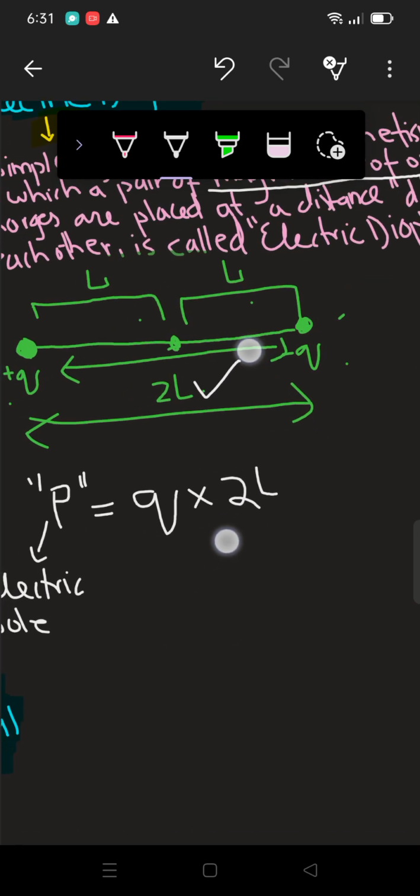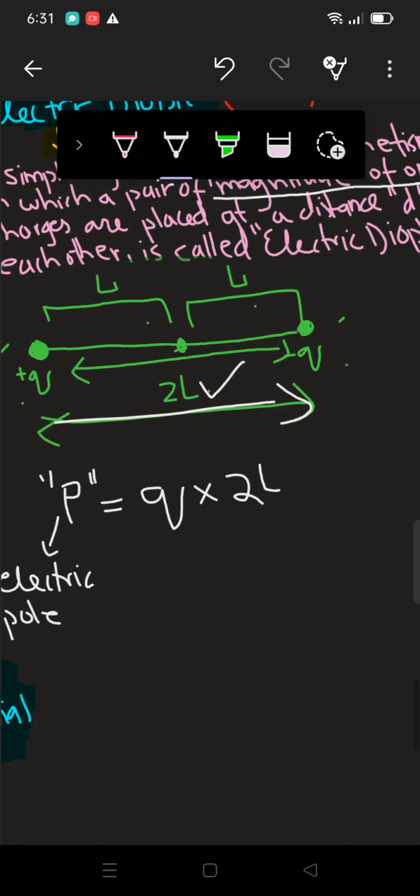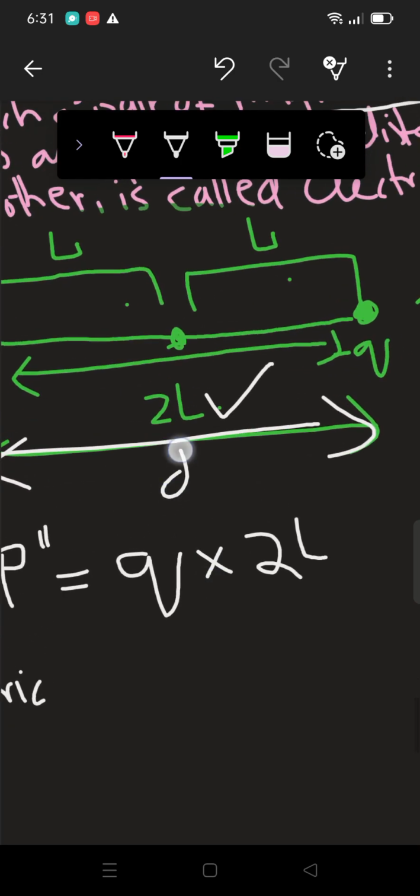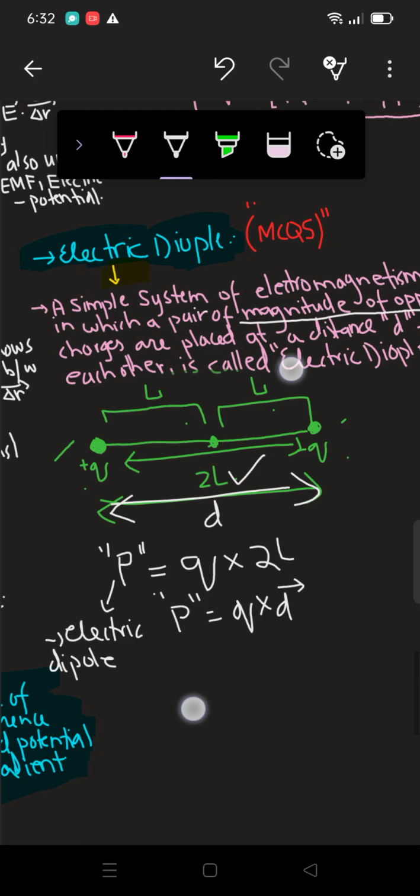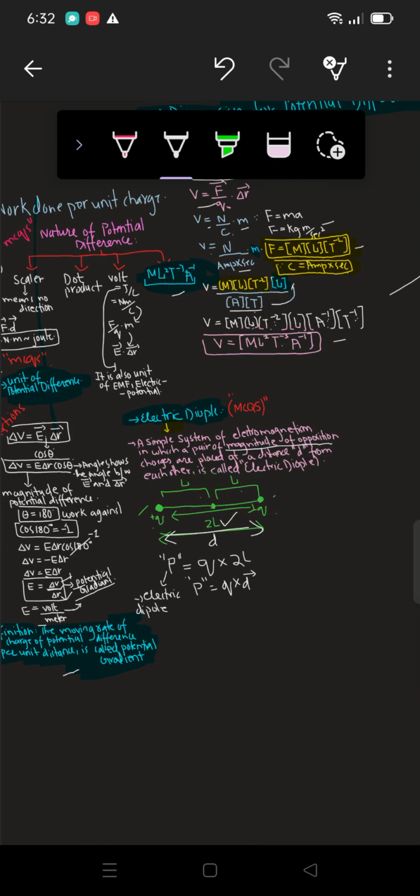Instead of 2L, this total is the distance. So of course this is equal to Q into displacement, right?